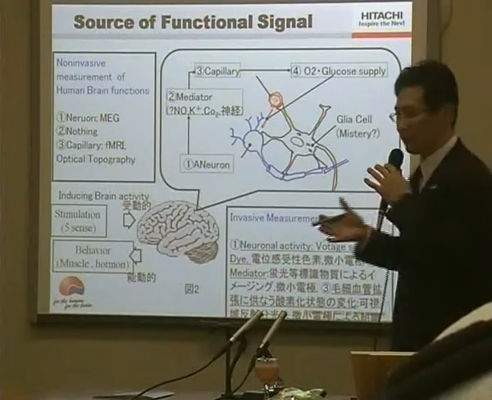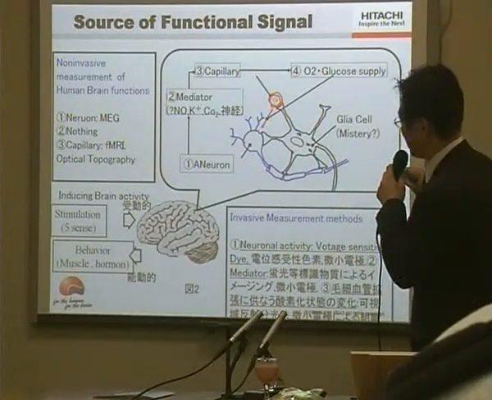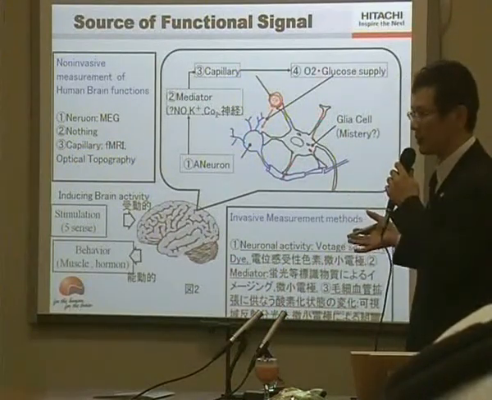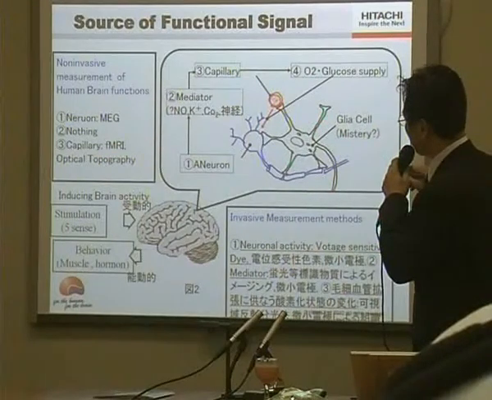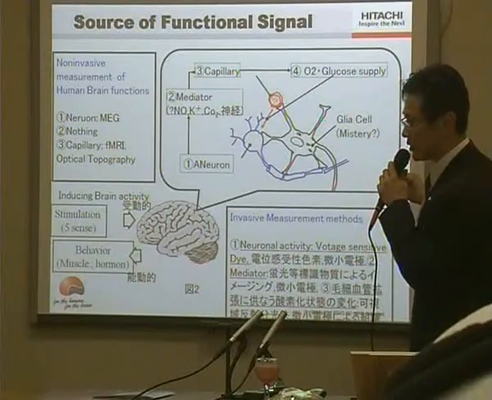And we are measuring the blood volume change. However, it's not neural activity. Neural activity is measured by electric devices. And nobody knows why the blood volume increased when the neuron was activated.